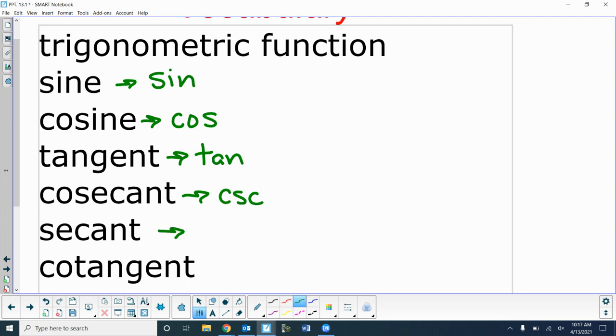These are all fractions, by the way. Those trig functions are fractions. Secant, again, is the reciprocal of cosine, which is SEC. And then cotangent is the reciprocal of tangent, which is COT. So those are the abbreviations you'll see for those 6 trig functions. Okay?